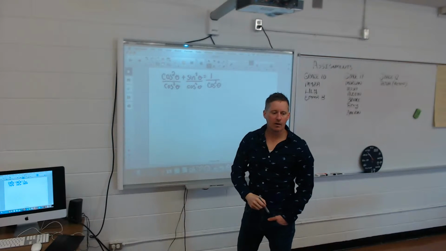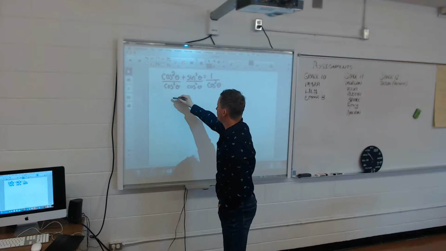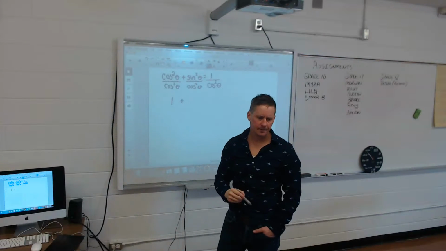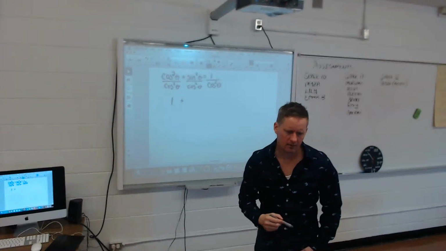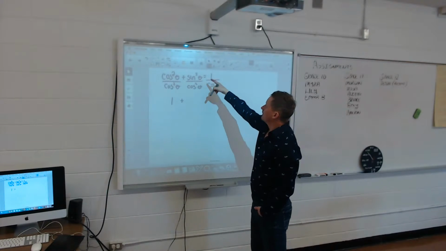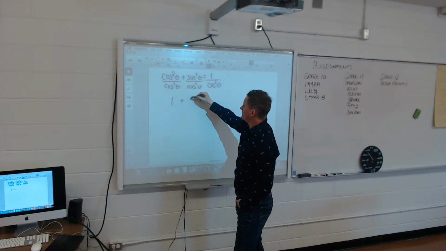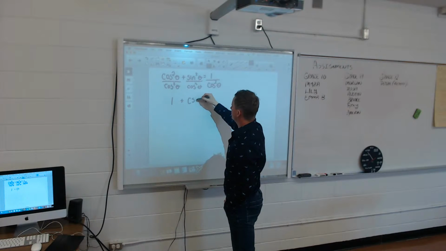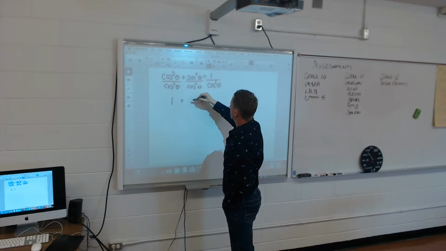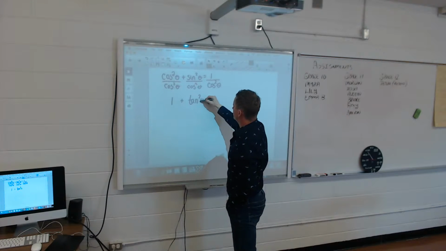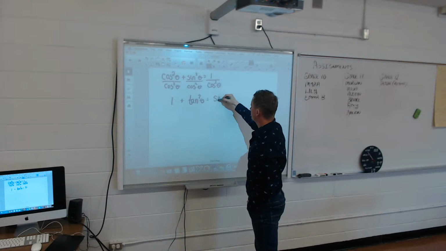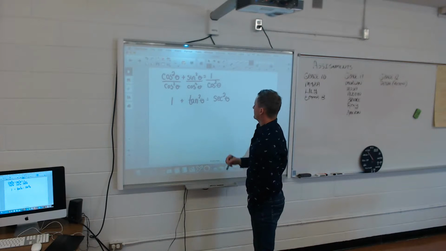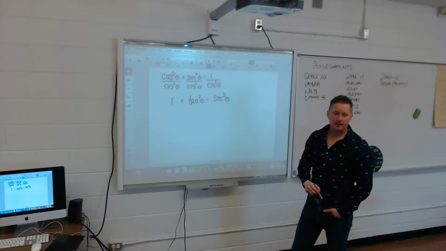Cos squared theta divided by cos squared theta is 1, plus sine squared theta divided by cos squared theta, that is tan squared theta, and that's secant squared theta. So this is identity number 2.